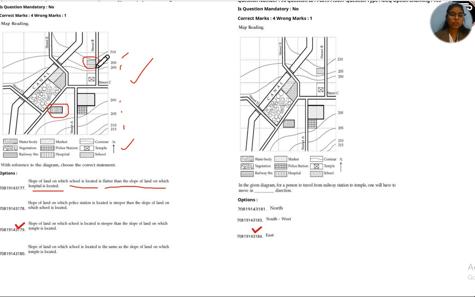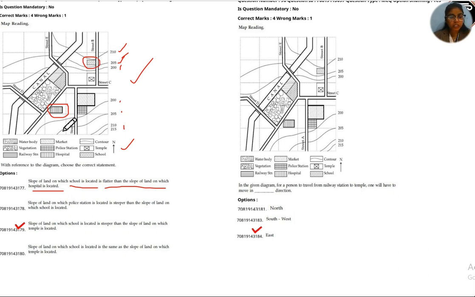Now look into the question. See a contour line with a contour interval of 5 meters. It is running like there you have 205 and here you have 210, and the school is placed in between. So there is a transition of contour very rapidly and in a very short distance. So it's not possible that it would be flatter land. Okay, this is more sloping land.